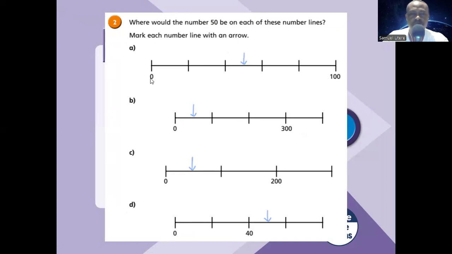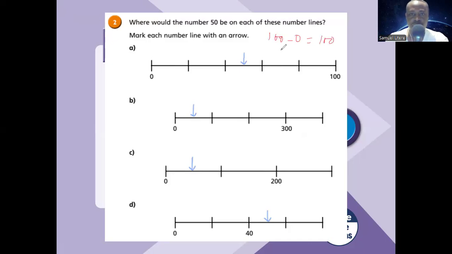Here you can see that the number line goes from 0 to 100. And then we have 1, 2, 3, 4, 5. We have 5 intervals. So what we could do is we could say that the difference is 100 minus 0, so this is going back to our previous lesson, using ideas from our previous lesson.